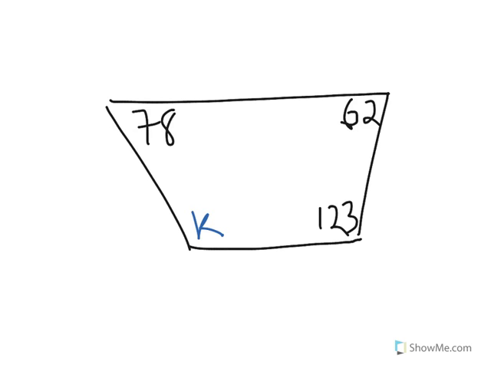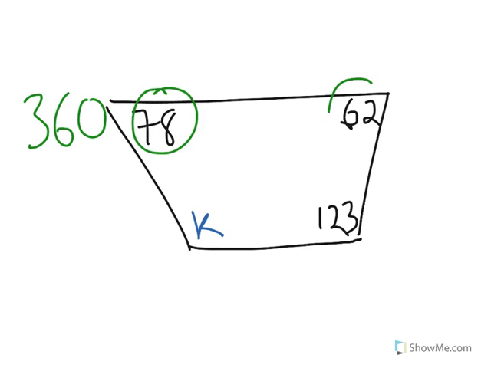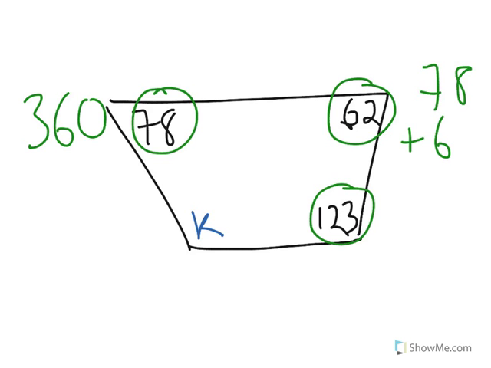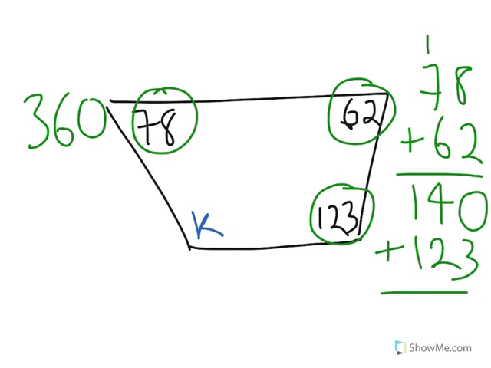So I'm going to start with 360 and take away this angle, and this angle. A quick way to do that is to add these 3 angles together. So I can do 78 plus 62 and carry the 1 and then add 123.